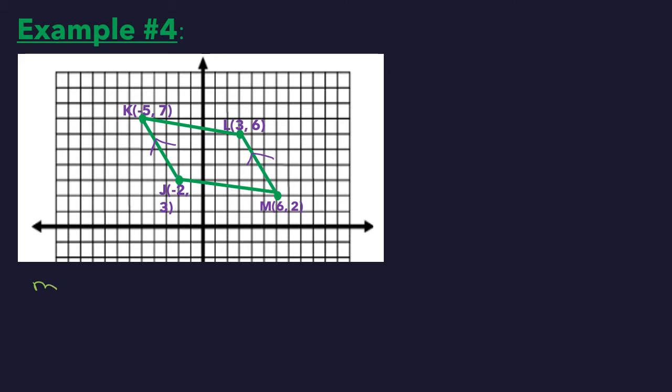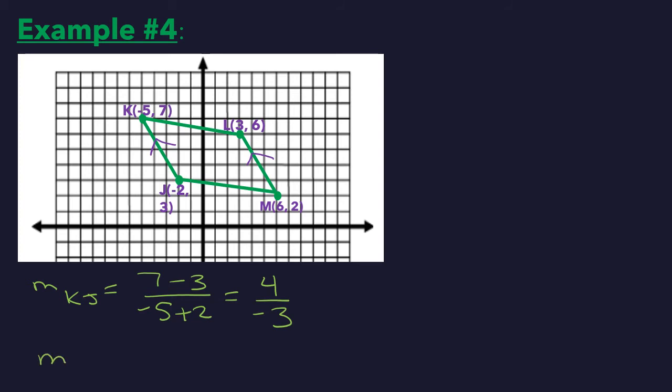If I find the slope of KJ, I'm going to take y minus y, so 7 minus 3, all over x minus x, negative 5 minus negative 2. So my slope is 4 over negative 5 plus 2, which is 4 over negative 3. And that's the slope of KJ.